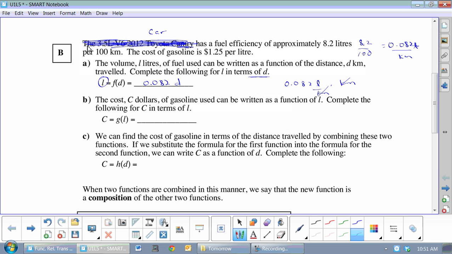The units would cancel and we would be left with liters. That's how many liters I'm going to use. Now, the cost of gasoline is you take the number of liters and multiply it by how much it is per liter. So we take the $1.25 and multiply it by the number of liters.